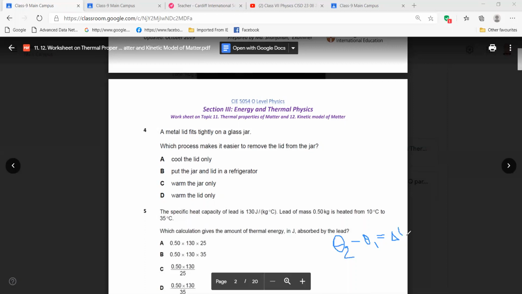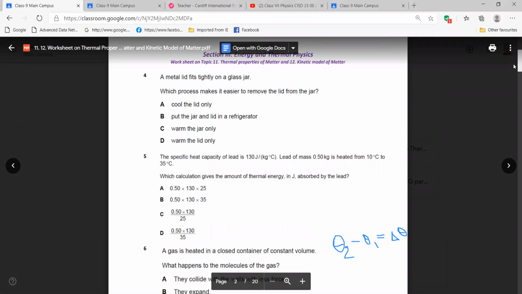Then for specific heat capacity, you are dividing by the mass. That one is specific heat capacity. Is it clear now? So you should write that. Now the formula for heat capacity you write also, and for specific heat capacity you write also.